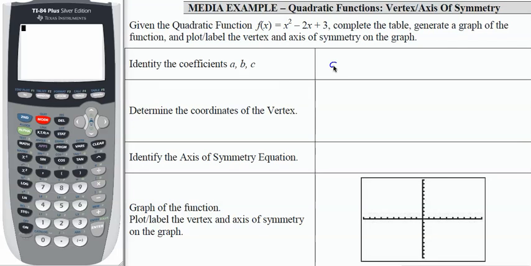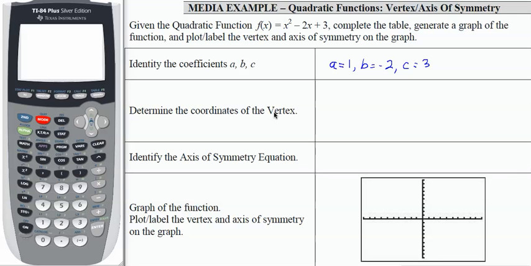And we know from previous work that a is 1, b is -2, and c is 3. So these are just the numbers in front of the variable terms and the constant term in the quadratic function.